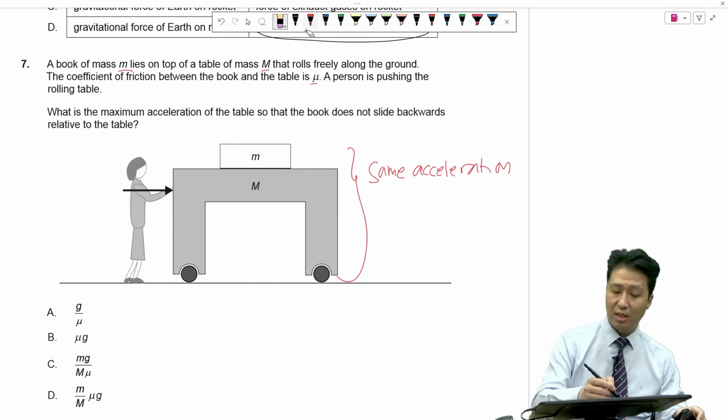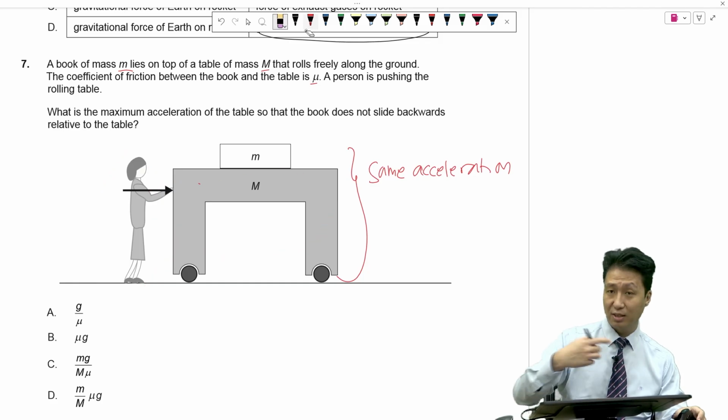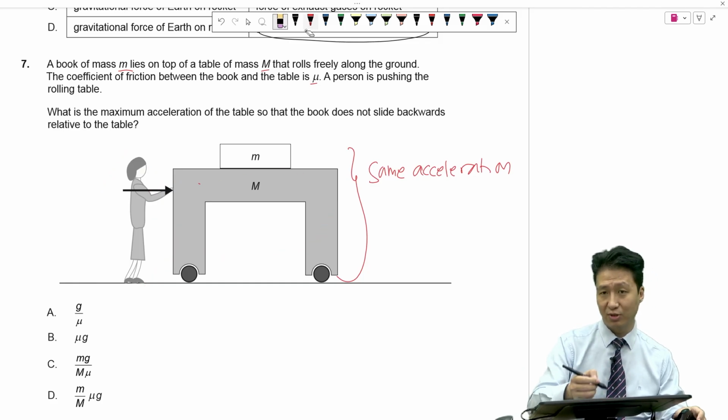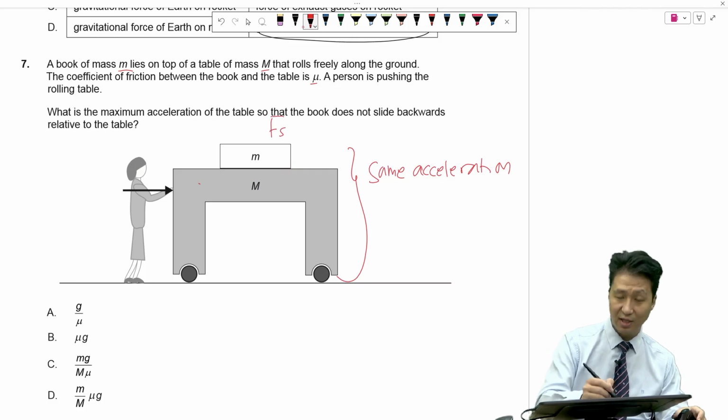But in order for the book to accelerate, it needs a force of static friction. The person pushing on the trolley is putting a force on the trolley. With the accelerated trolley, some other force must be acting on the book to accelerate it. That is a static friction force, Fs, and there's a maximum value to this.